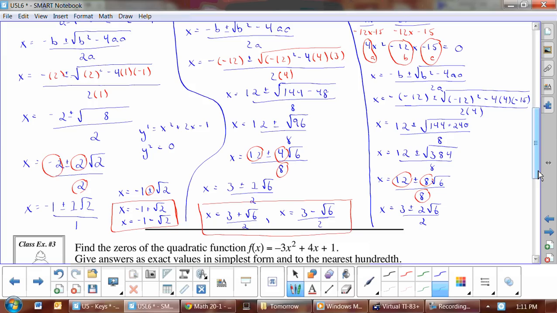Okay? And so our two answers are x equals 3 plus 2 square root of 6 over 2, and x is equal to 3 minus 2 square root of 6 over 2.